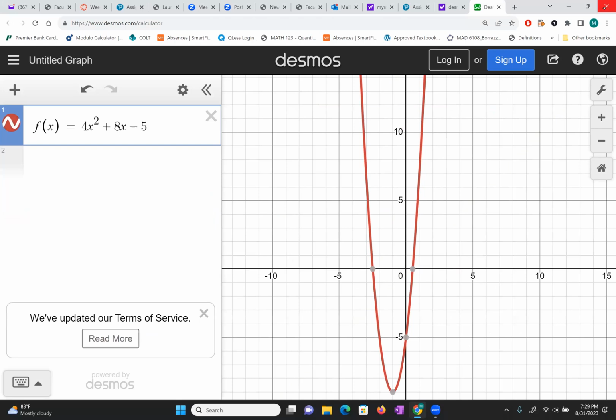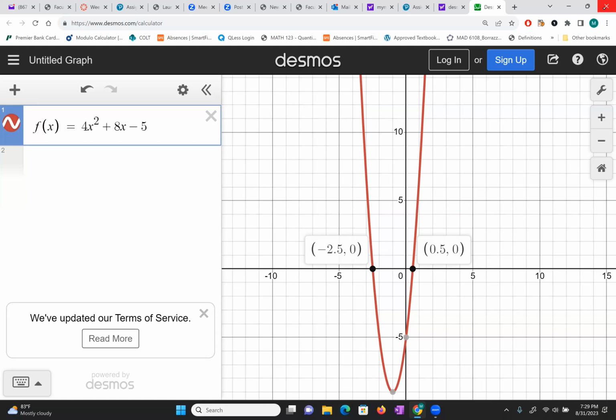What do you notice here and here? Those values do work, right? You get x is equal to positive 1/2, and you get x is equal to negative 5 over 2.